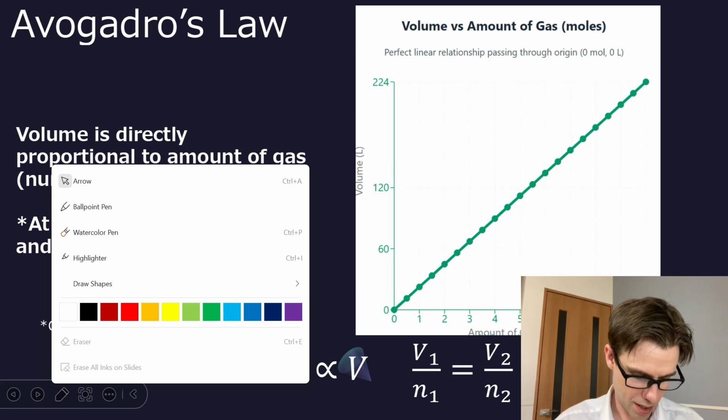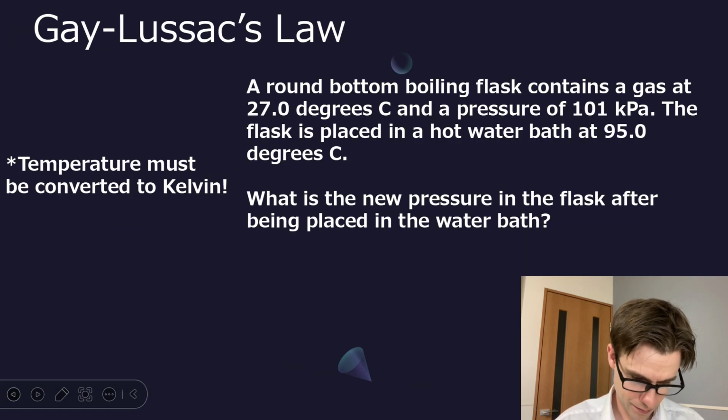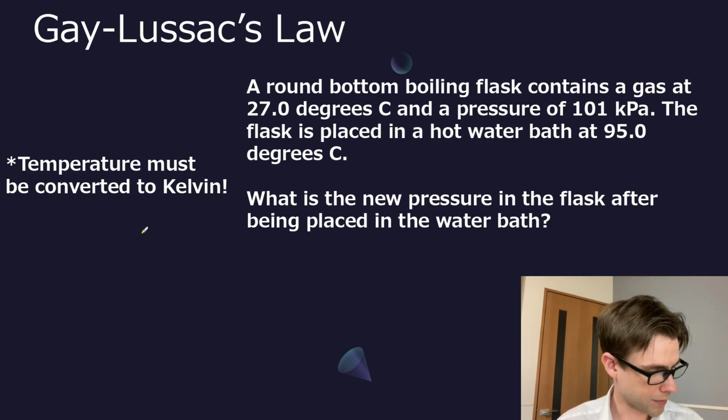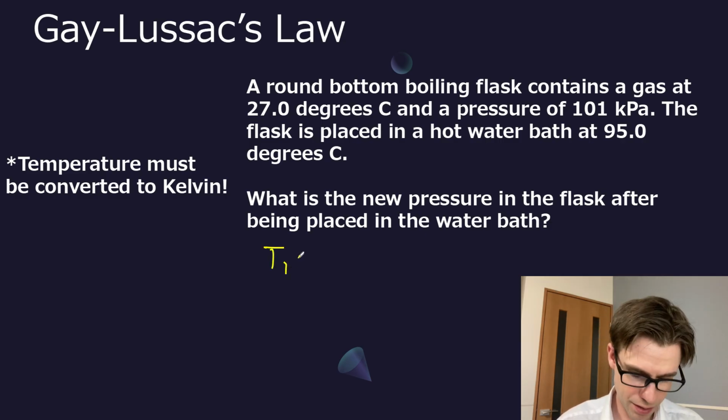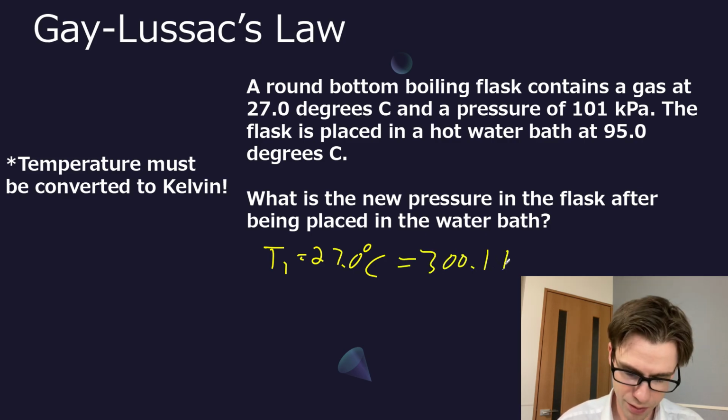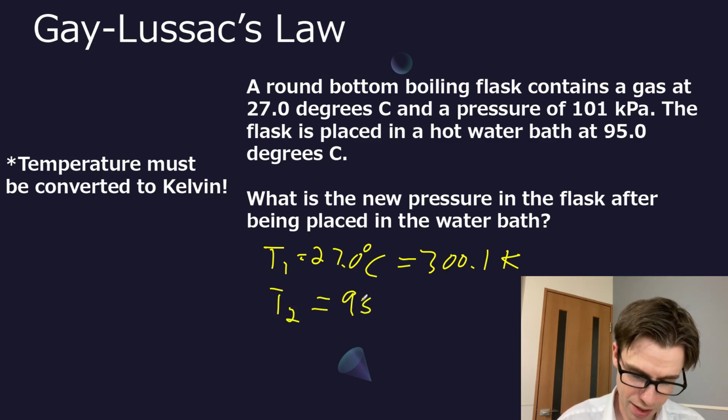So what do we have? We've got T1 is 27 degrees C. We need that in Kelvin, 300.1 roughly. We've got final temperature, it's going to 95 Celsius.